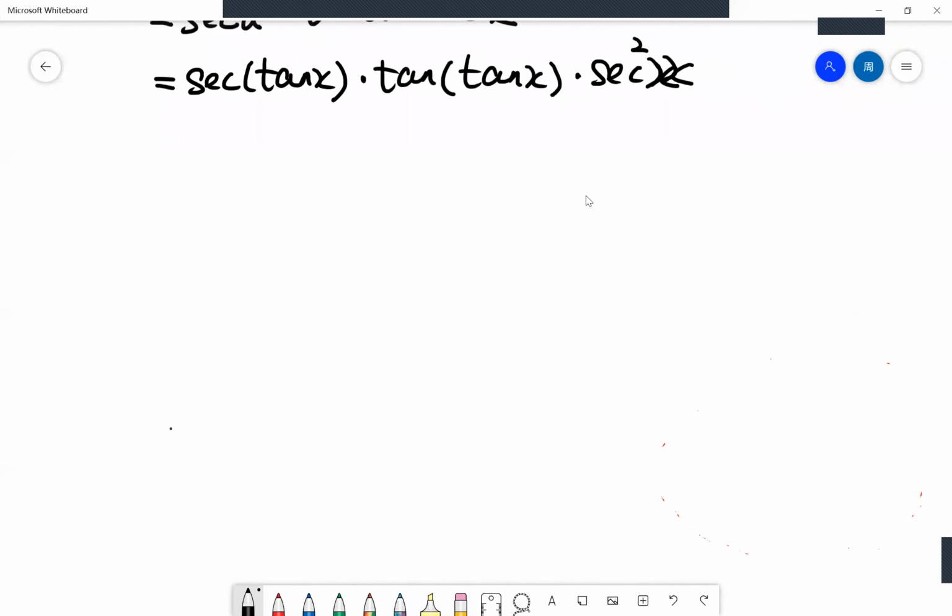And then there is another type of expression of functions. I will rewrite it here.